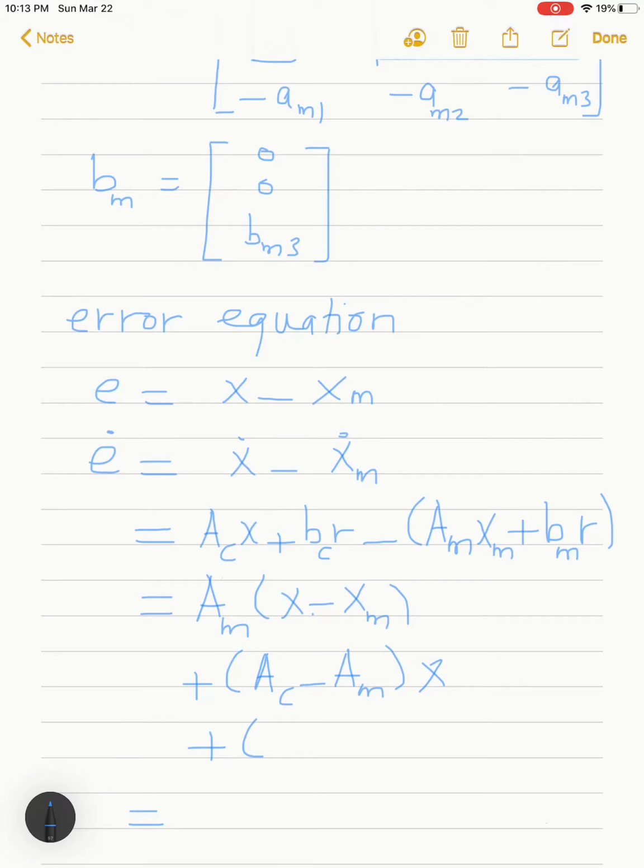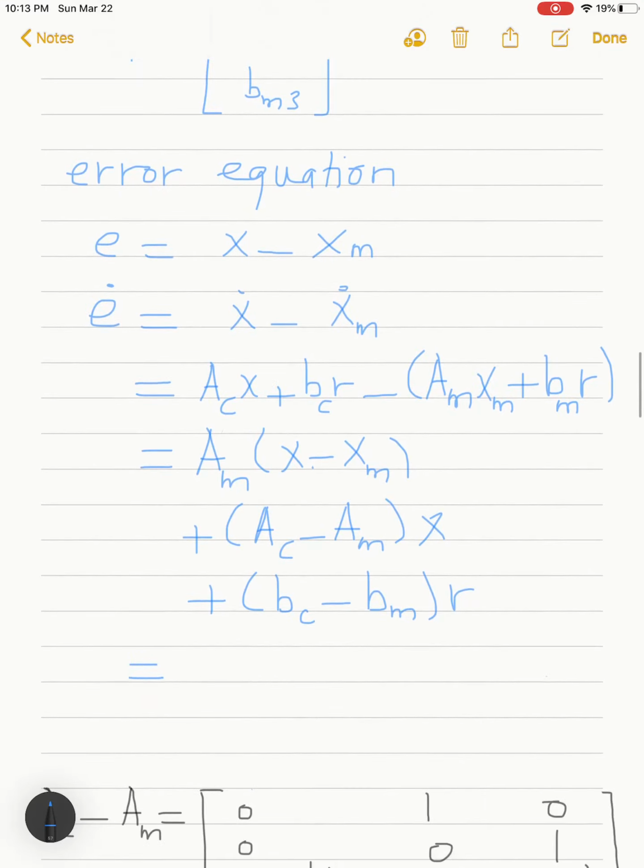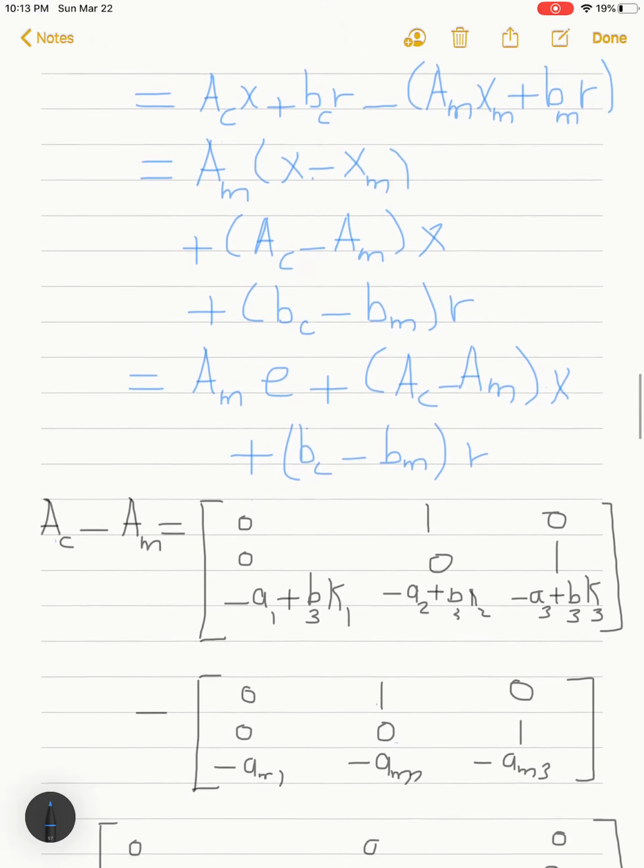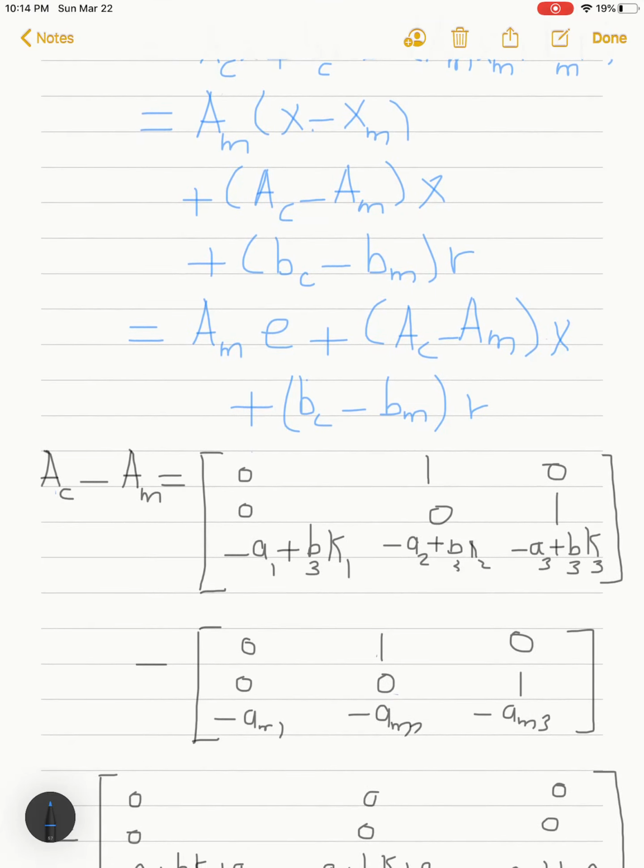Then I will have BC minus BM times R. So that gives me AM times E plus (AC minus AM) times X plus (BC minus BM) times R. Now I will try to find a simpler expression for the last two terms in the error equation.